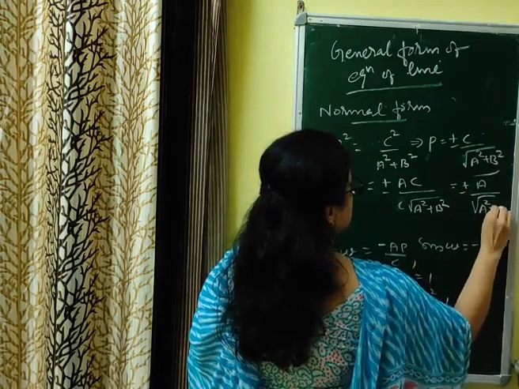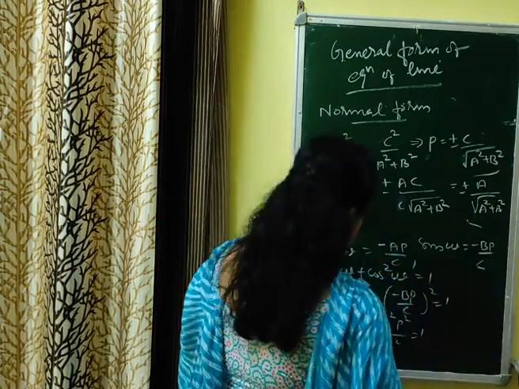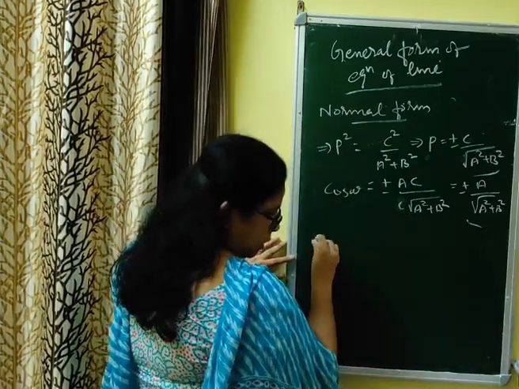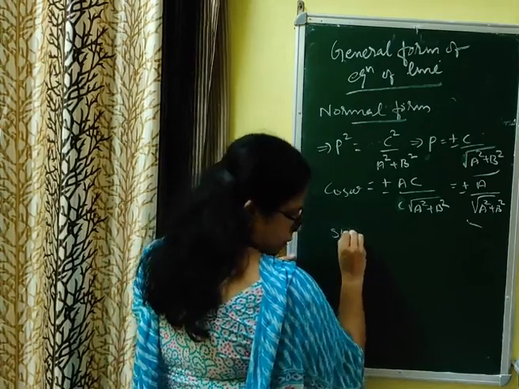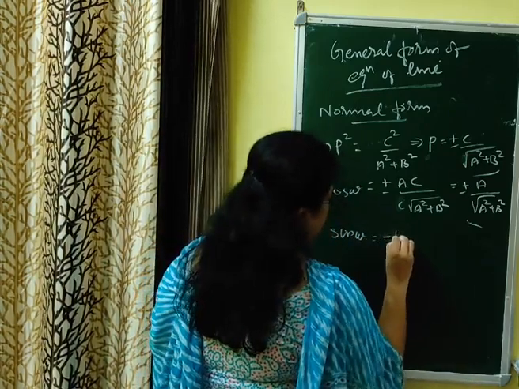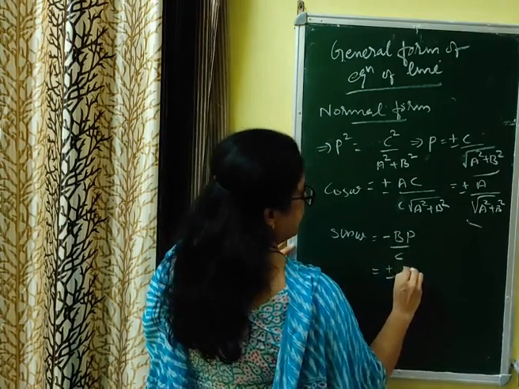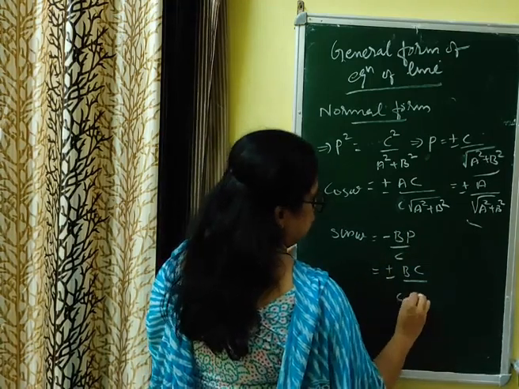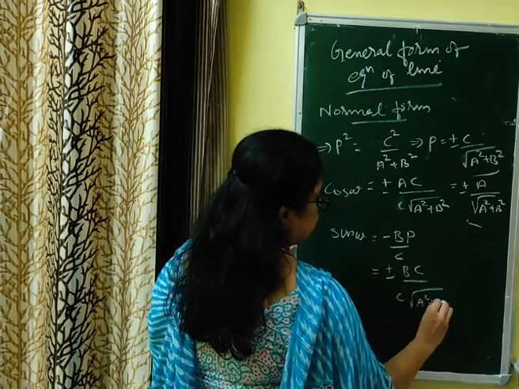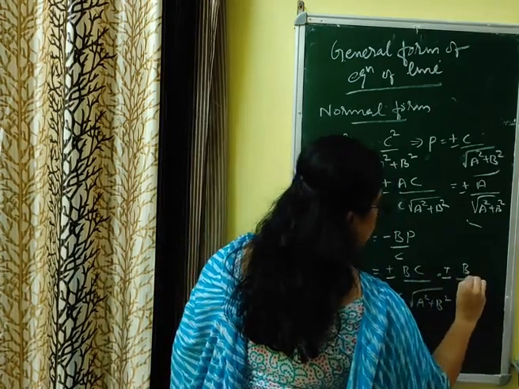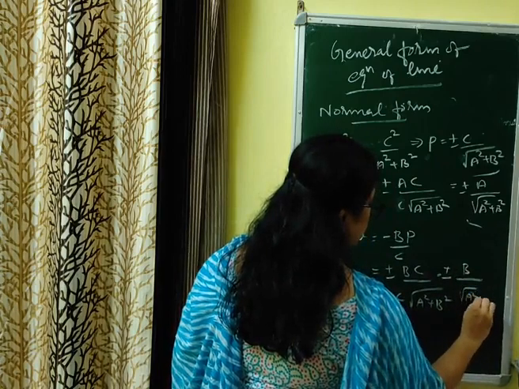Next one is how we can find sin omega. The value of sin omega is minus bp by c. That is plus or minus b into c upon c into root a square plus b square. That means plus or minus b upon root a square plus b square.